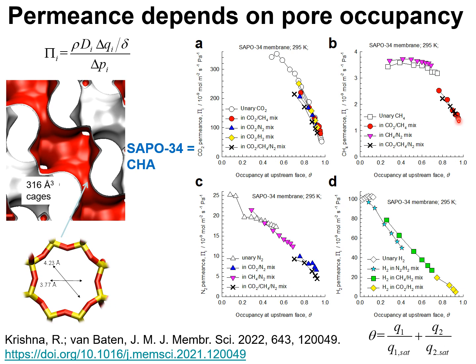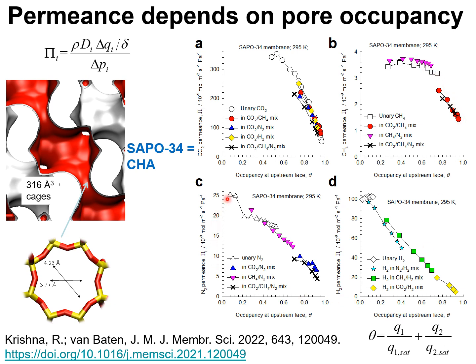And we note that the lower permeance in mixtures with carbon dioxide is because CO2 is much more strongly adsorbed, and therefore the occupancy of that component in the upstream phase is high, and the component permeance reduces with increasing occupancy.